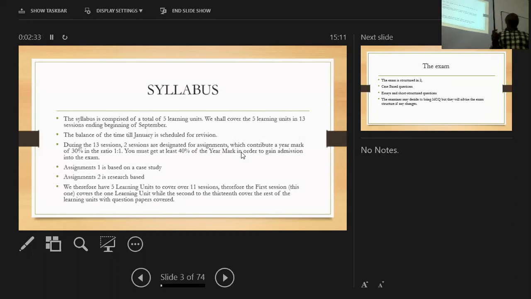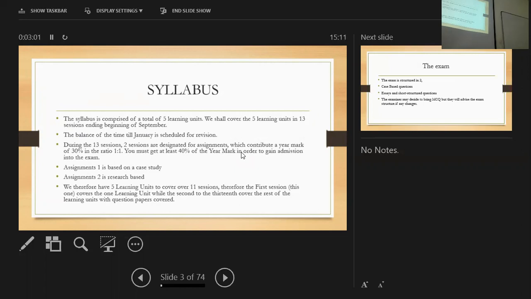Now, with this module, the assignments are already there, which are two, and they are both essays. The syllabus is comprised of a total of 5 learning units, only 5. But this module is purely an application-based module.